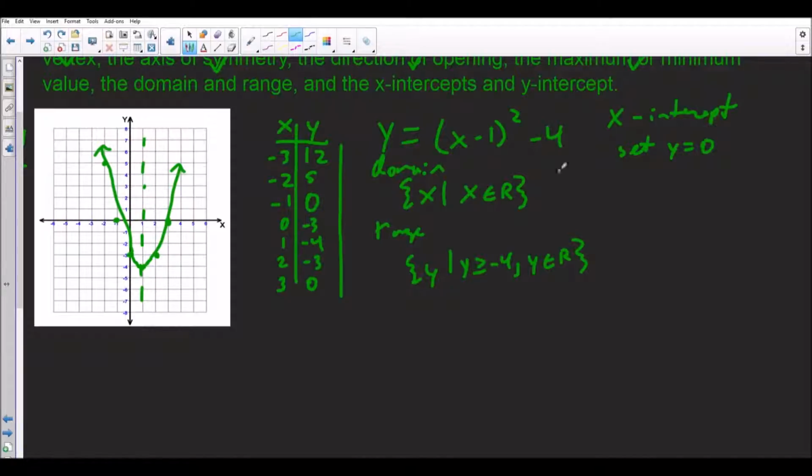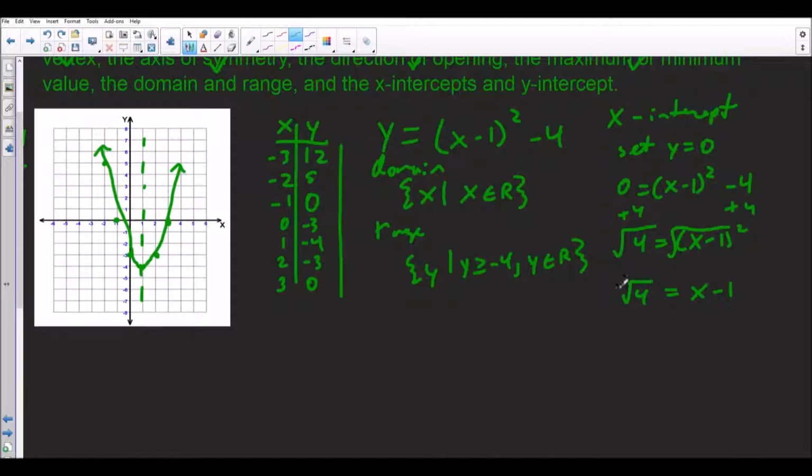So all we do is take our formula, set y equal to 0, and solve. So 0 is equal to (x minus 1) squared minus 4. We move the 4 to the other side, so 4 is equal to (x minus 1) squared. Obviously we square root it to get rid of the squared. So we have the square root of 4 is equal to x minus 1.